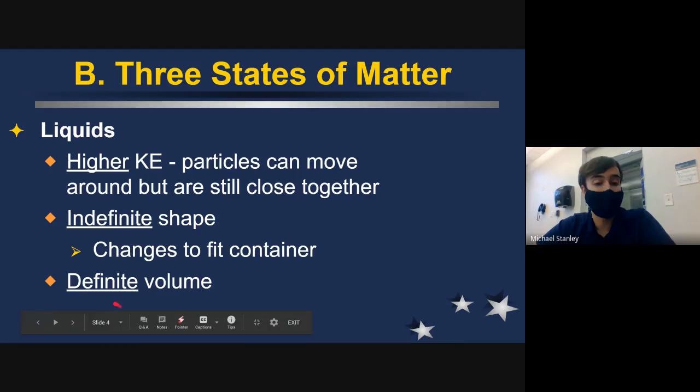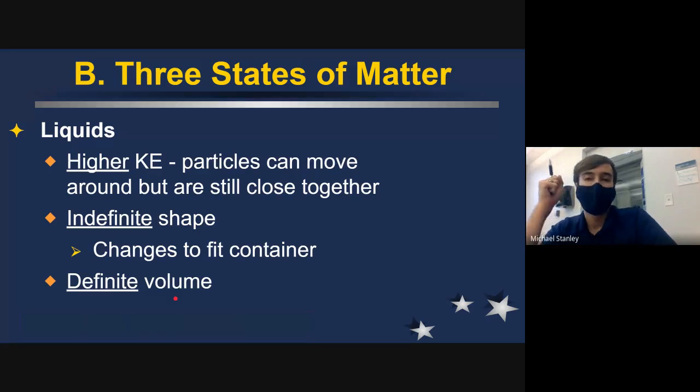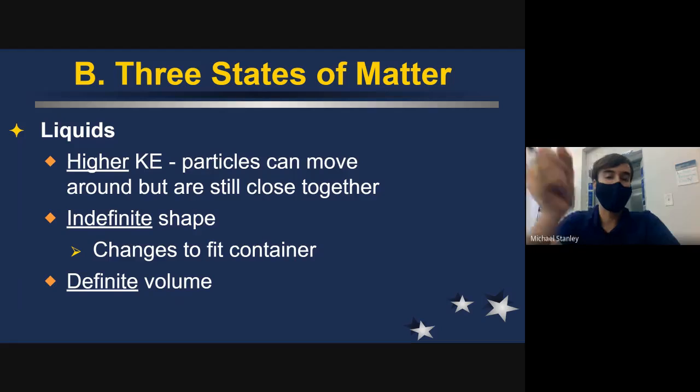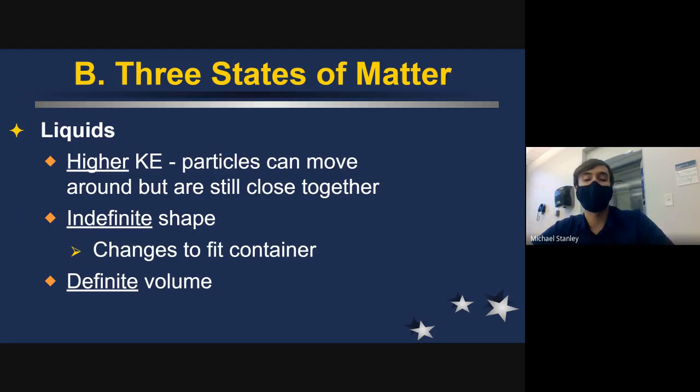But they still have a definite volume, right? If you take a cup of water and you pour it into a pot, and then you pour the water from that pot into a bowl, and then from that bowl into a drinking glass, and then from that drinking glass into the measuring cup, it'll still be 1 cup of water, right?